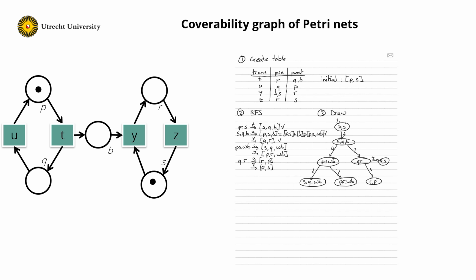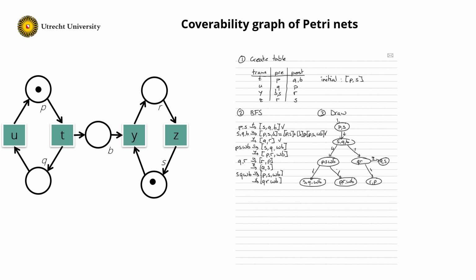Now the next one on my list is SQ omega B. And in SQ omega B, transition U can fire. That gives me the marking PS omega B. And transition Y can fire. And that gives me marking QR omega B. And I directly draw them again.